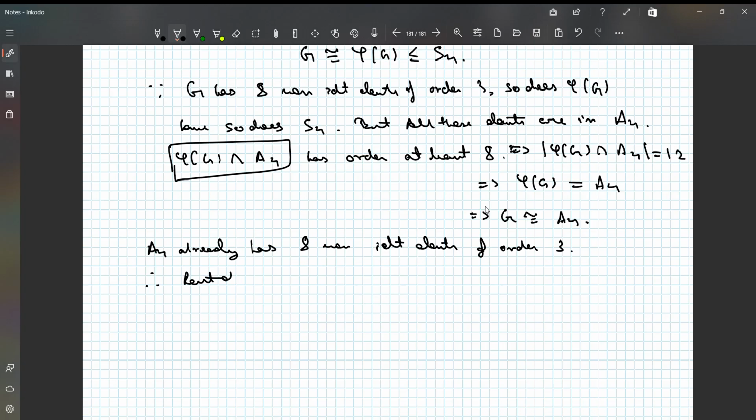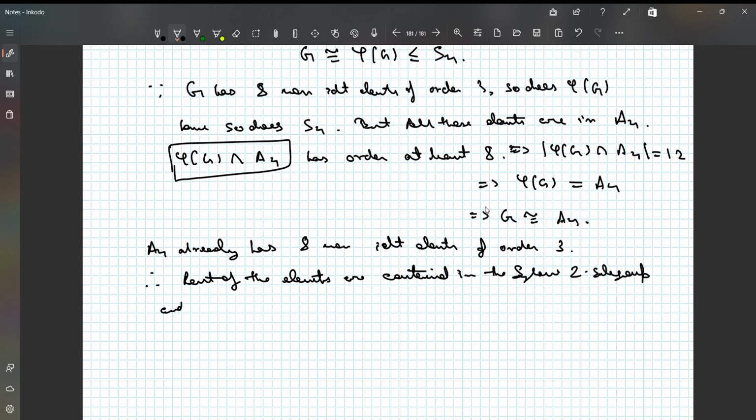Therefore, the rest of the elements are contained in the Sylow 2 subgroup, which surely exists and has order 4, and no element of order 3 can be there.